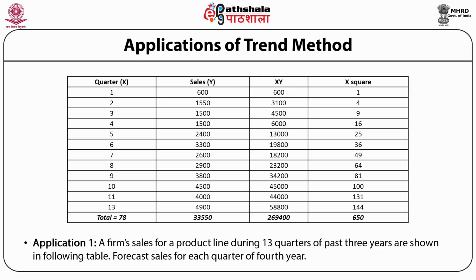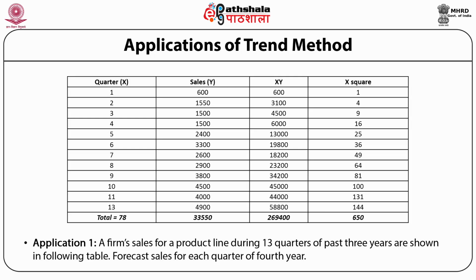It is important to mention here that the quarter, or time period, is the independent variable x, whereas sales is the dependent variable y. By using these two data and the above discussed formulas for the intercept a and the slope of regression line b, the regression line y = a + bx is estimated.